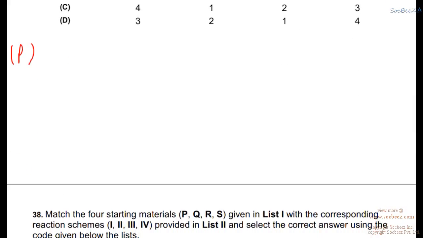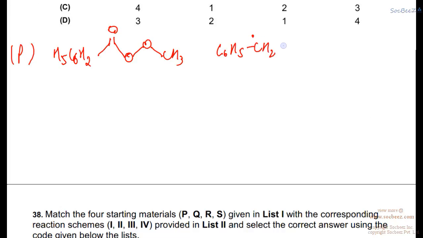The thing which is happening is H5C6H2 OCH3. The radicals which are there are C6H5CH2 plus CO2 plus CH3O dot.